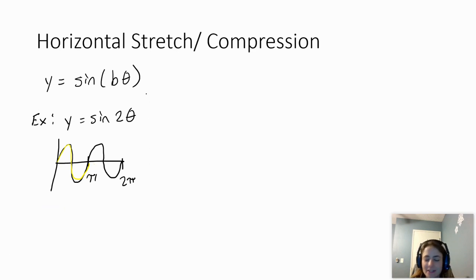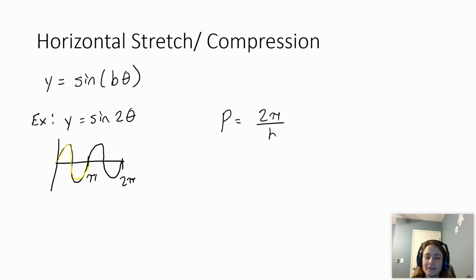Now if we take our normal period, we know that the normal period is 2 pi. If we divide it by our b value, 2 pi divided by 2, we get pi. So that idea is going to give us this formula.